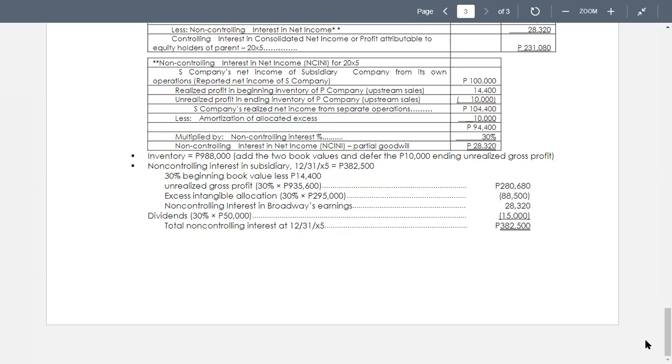The 20x4 consolidated income statement showed cost of goods sold in number 14 equal to 720,000. That's the result of adding 500,000 and 400,000. We deduct 200,000, that's your sales between affiliates.